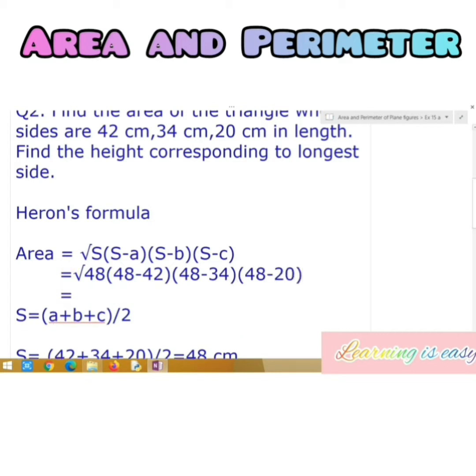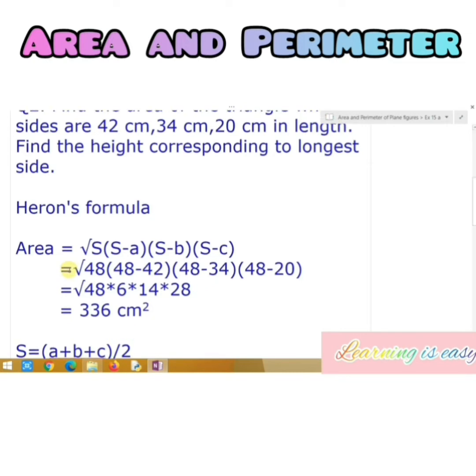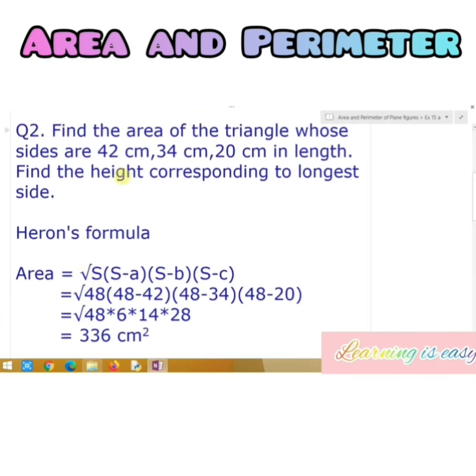So that's square root of 48 into 48 minus 42 is 6, 48 minus 34 is 14, 48 minus 20 is 28. That's going to be 336 centimeter square. Units also carry marks.